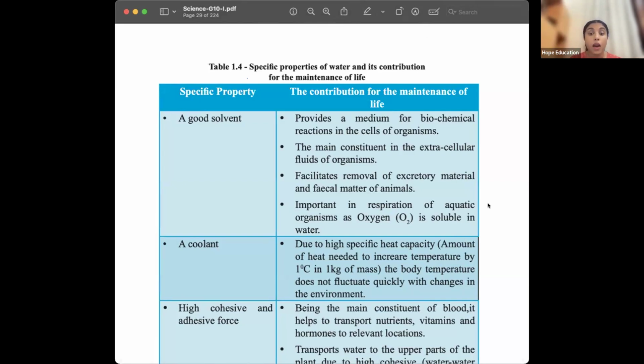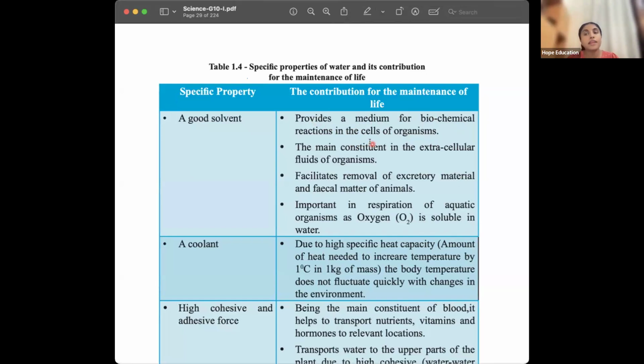Then let's see how that contributes to life. Generally, how is this property useful for organisms to survive? Let's see. Provides a medium for biochemical reactions in the cells of organisms. Now, in our body, in the cells, there are different chemical reactions.